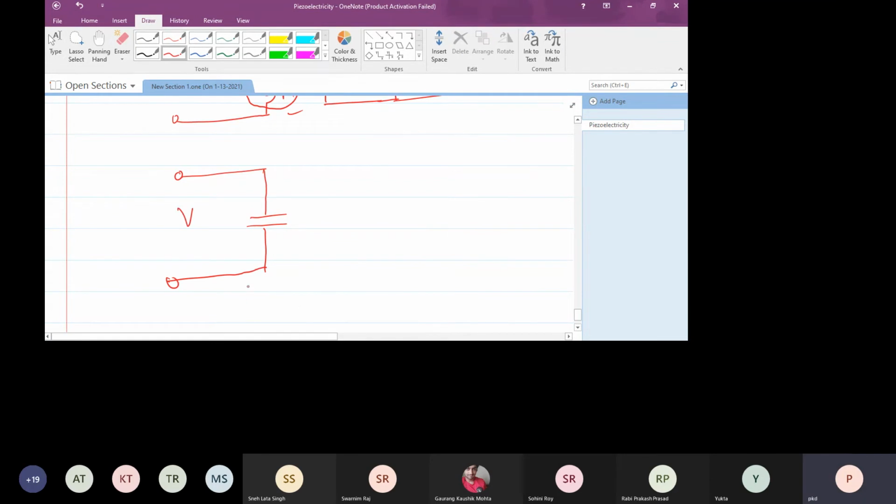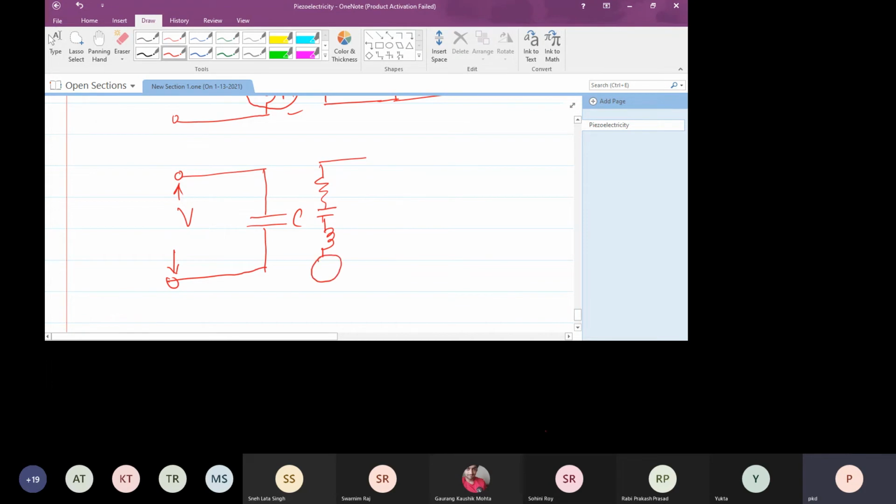So here is a voltage V and the capacitor is here, and then we have the mechanical analogous part represented by electrical parameters.